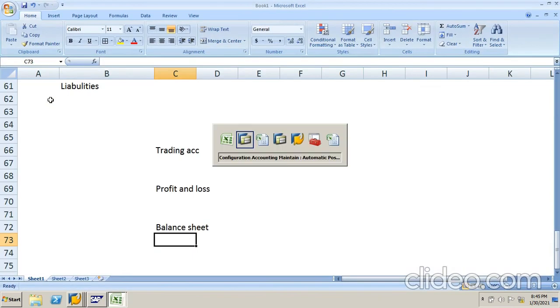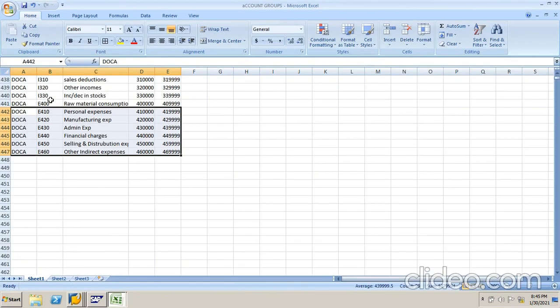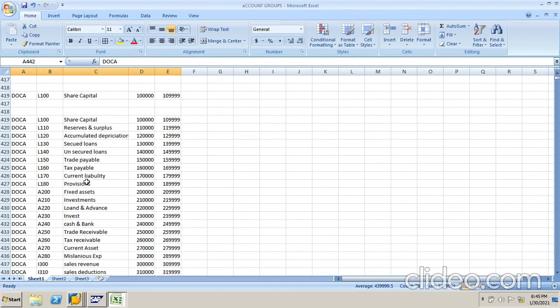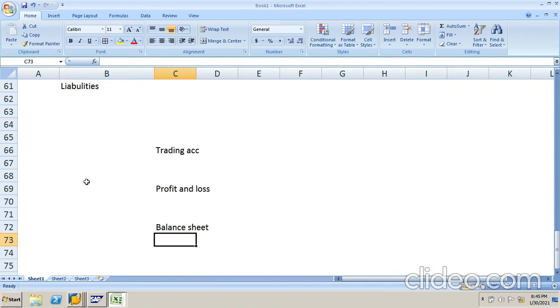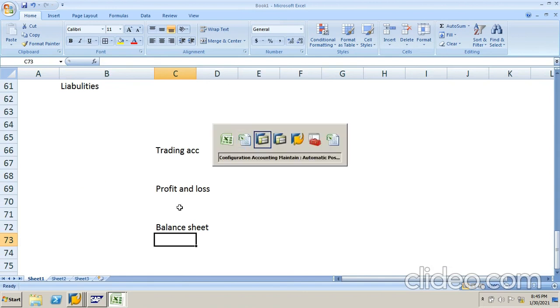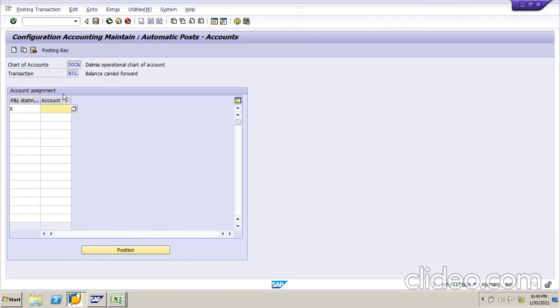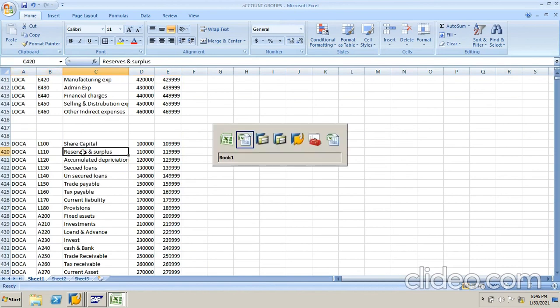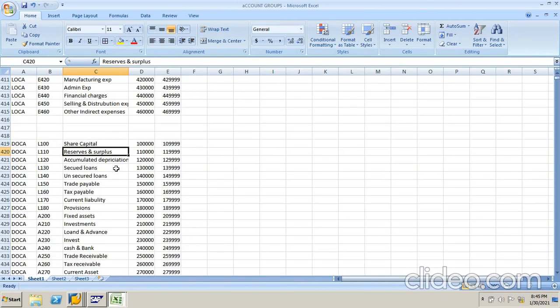So just go to our accounts group. See here, the carry forward balance will come under reserves and surplus. This is the reserves and surplus group. So we are going to create a GL.